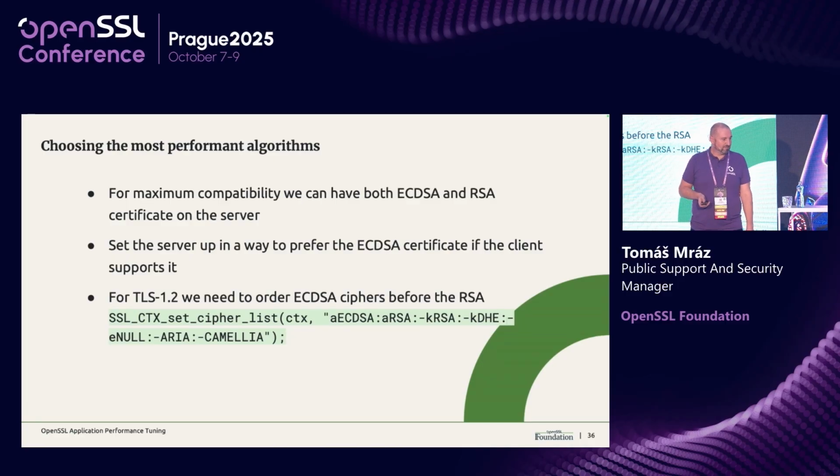We can order the ECDSA ciphers before the RSA ones for TLS 1.2. We do it again by setting the cipher list. I kept the kRSA, kDH from the previous example. I also removed other things that should not be needed.